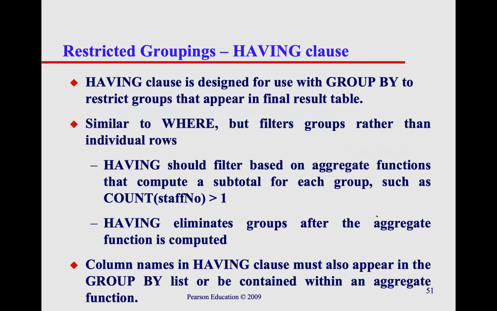Okay. So there's a distinction between having and where. Where filters individual tuples. Having filters groups. So having is used with a group by operator, and generally having has an aggregation operator in the comparison because it is filtering groups.